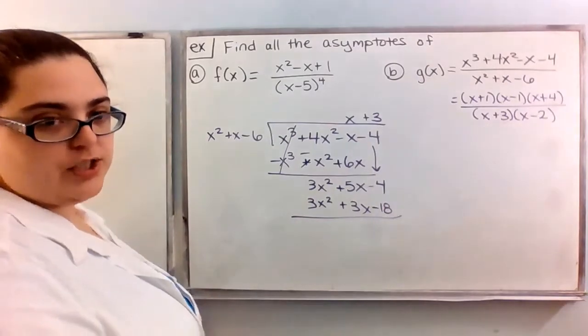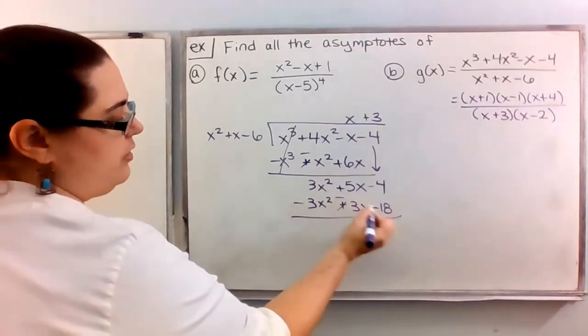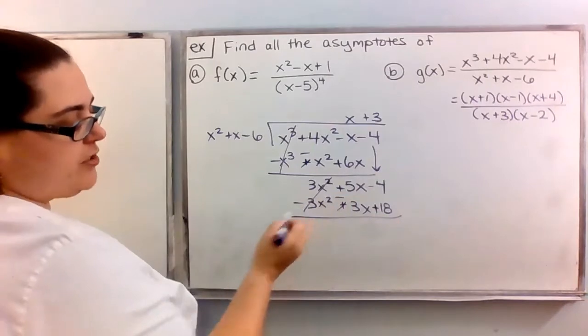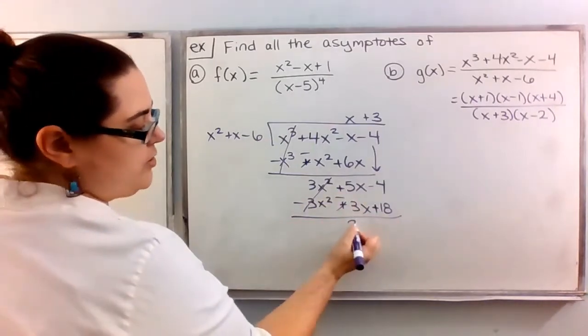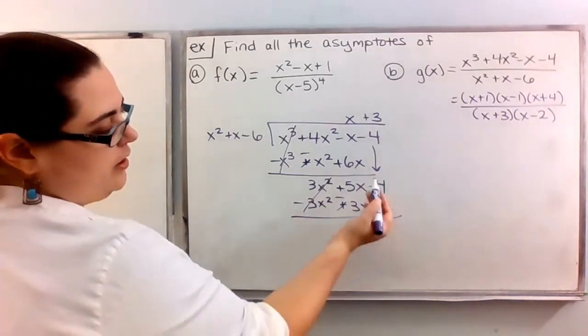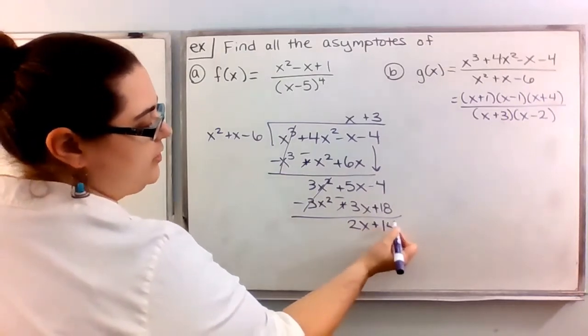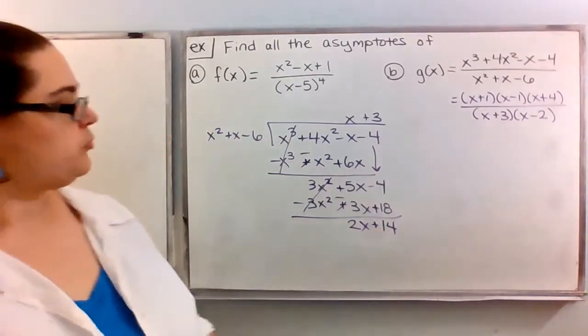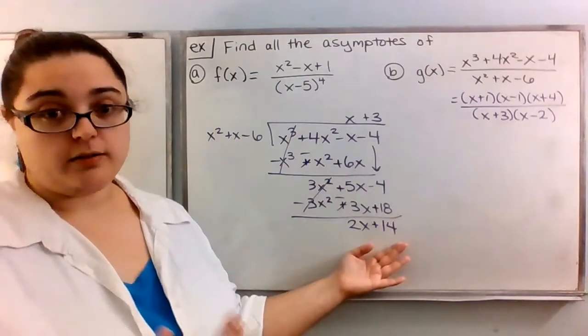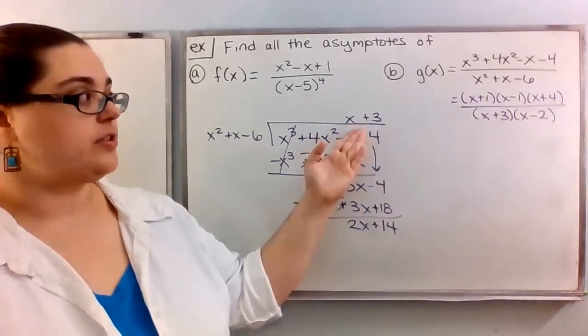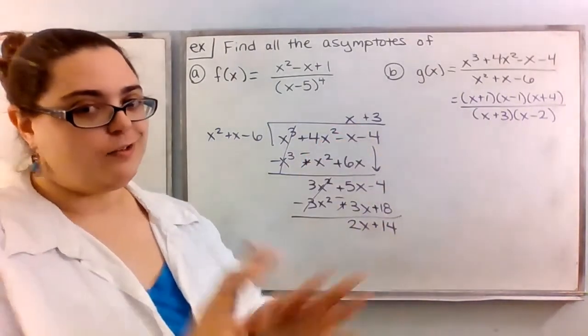To subtract, we're going to change the sign of everything. And the 3x squareds cancel. We get 2x. And 4 from 18 is 14. All right, so this is our remainder in this case, and this is our quotient. Remember that you ignore the remainder.